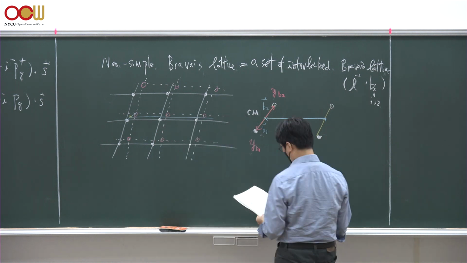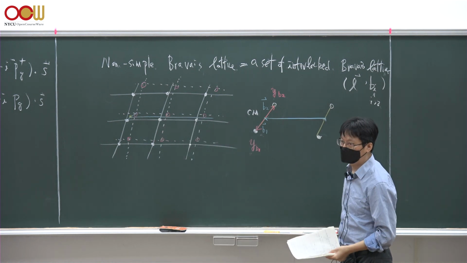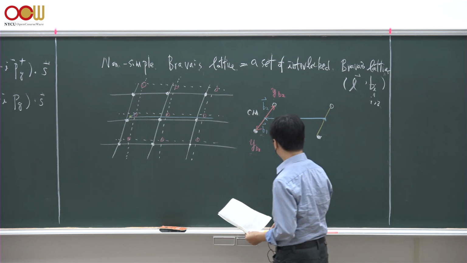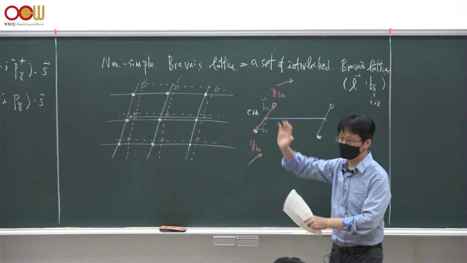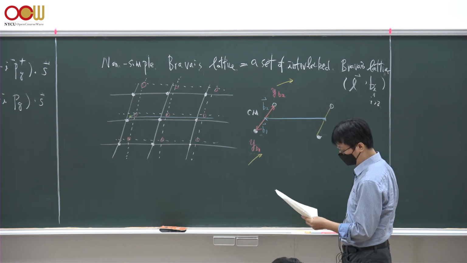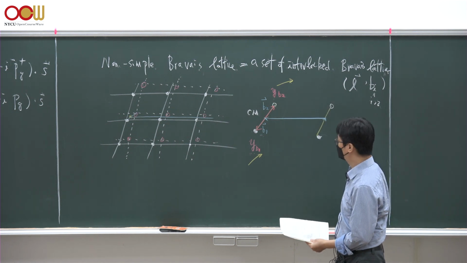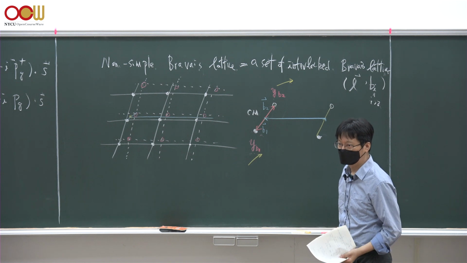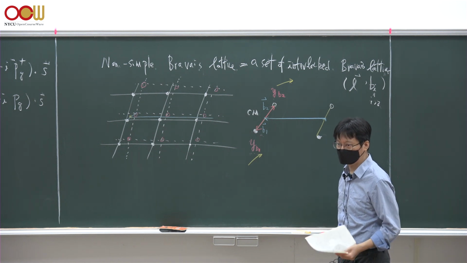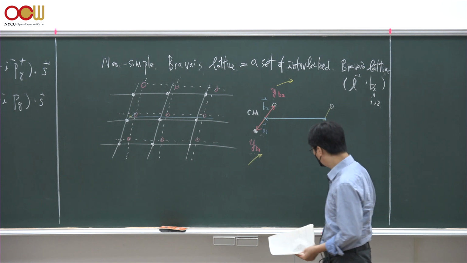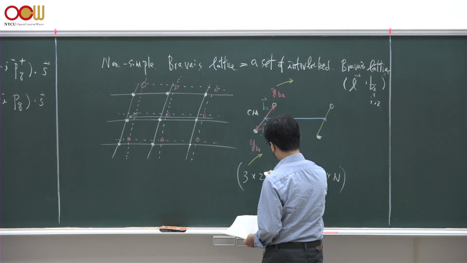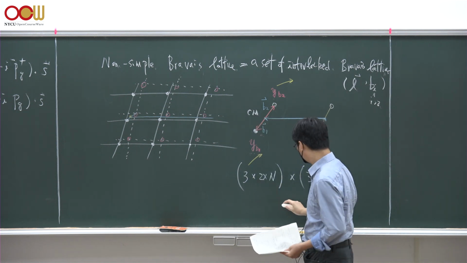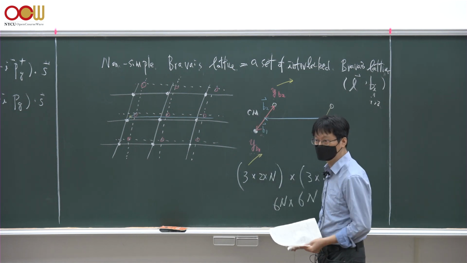Both y_B1 and y_B2 are three-dimensional vectors. They can point in any direction in 3D space. So you have two more independent degrees of freedom added into a 3N by 3N system. Altogether, it's a 6N by 6N system, right?